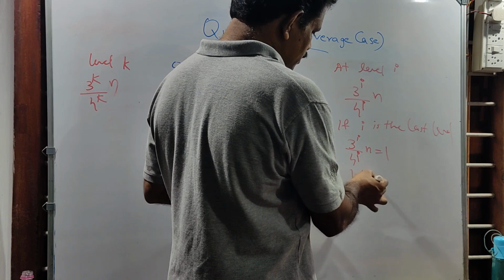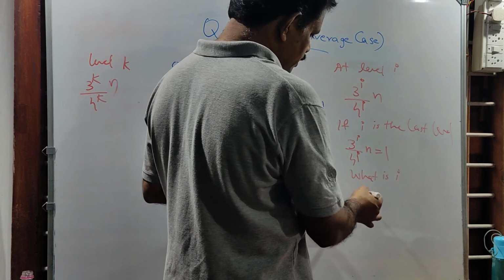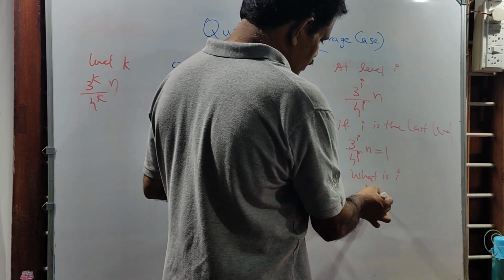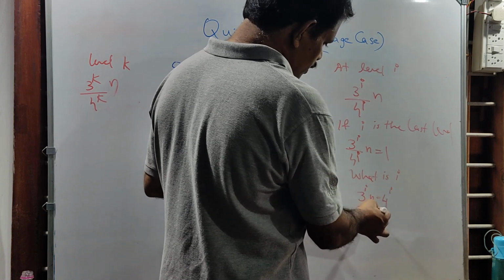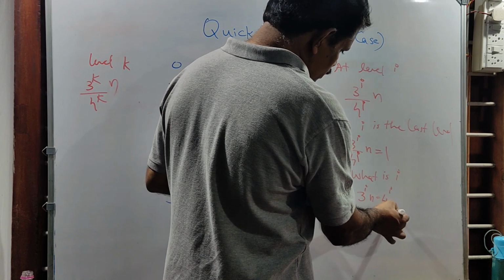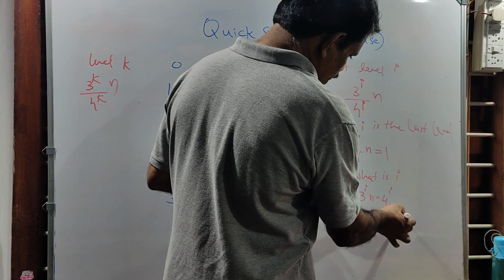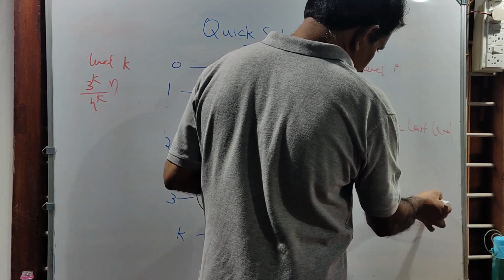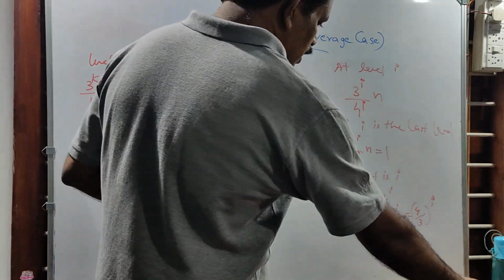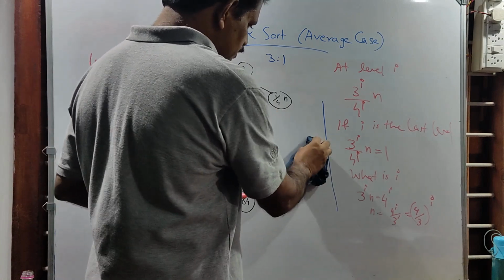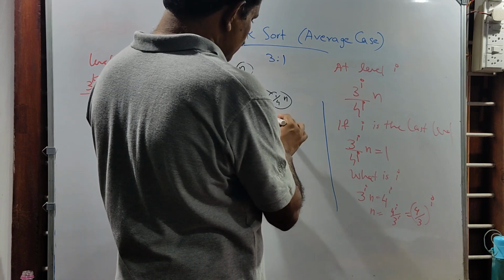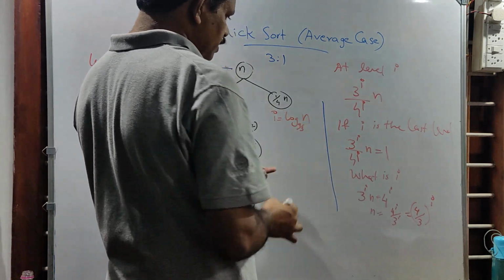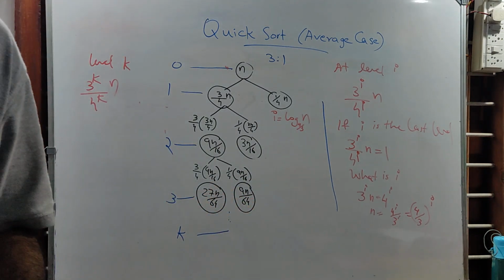What is I? For finding this I, we can write 3 raised to I into N is equal to 4 raised to I, and N equal to 4 raised to I divided by 3 raised to I, which is equal to 4 by 3 whole to the power I. We can write I is equal to log n to the base 4 by 3.